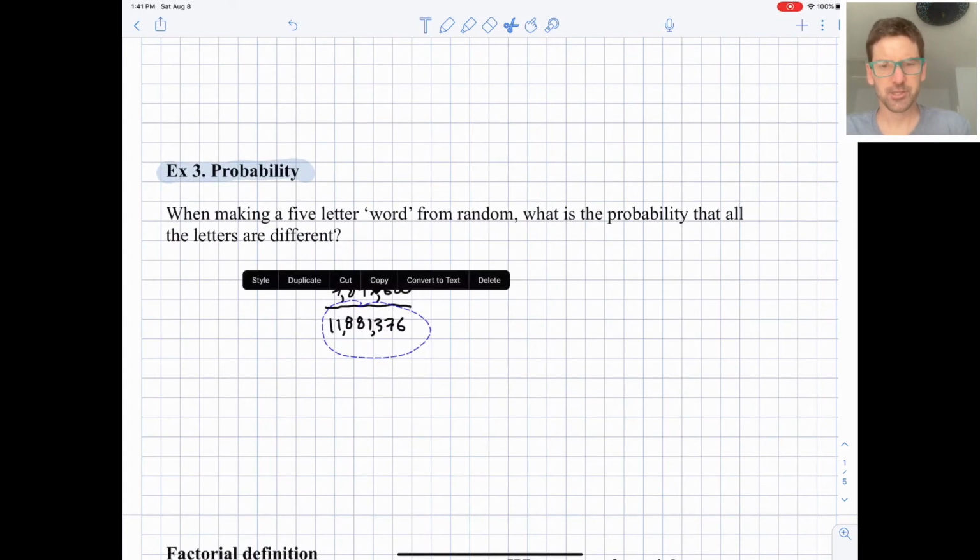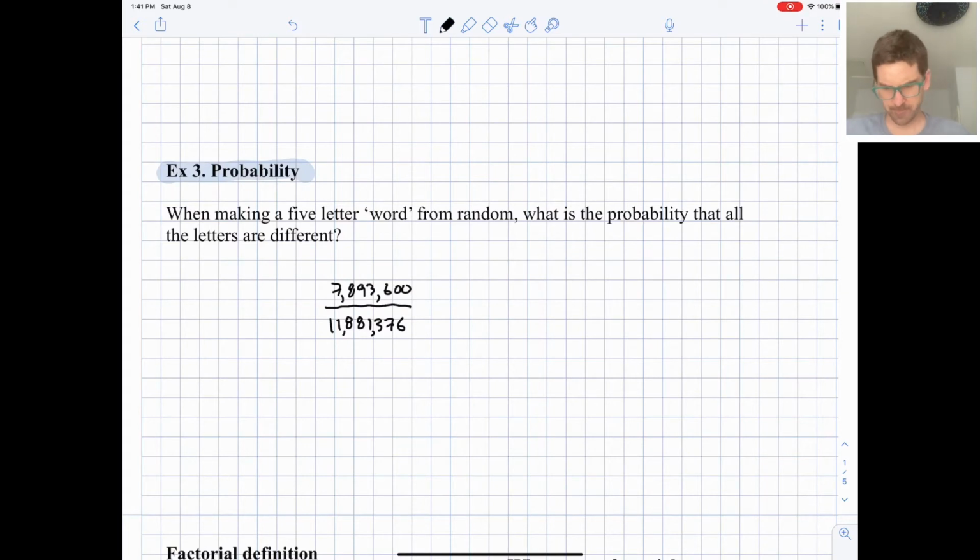Okay, so we can do a division here, and we get 0.6644, roughly. I rounded it a little bit, which is 66.44%. So that's an interesting percent. That's almost exactly 2/3.